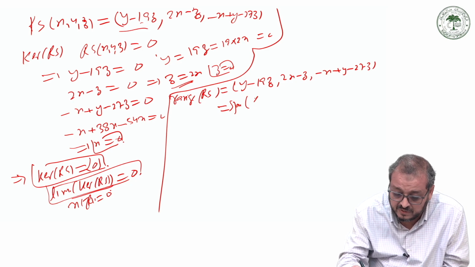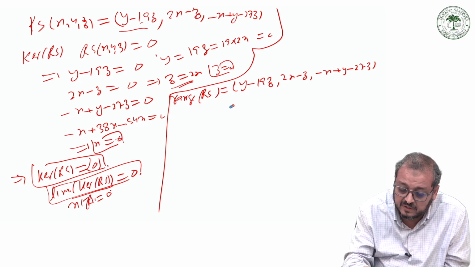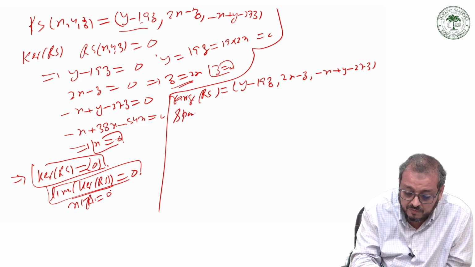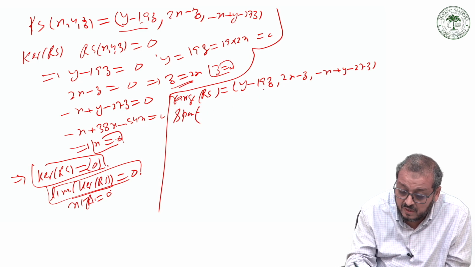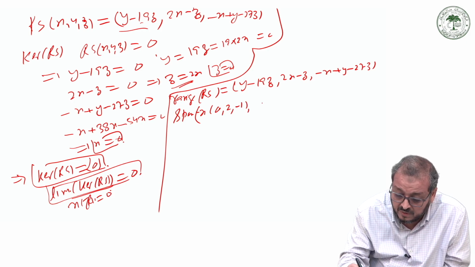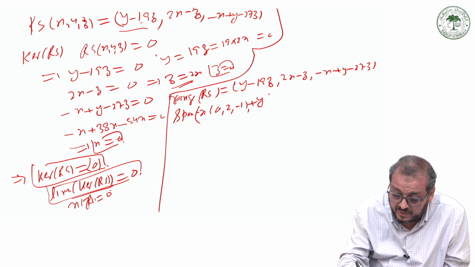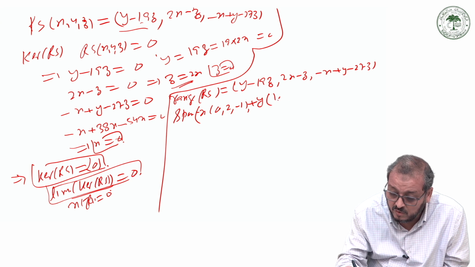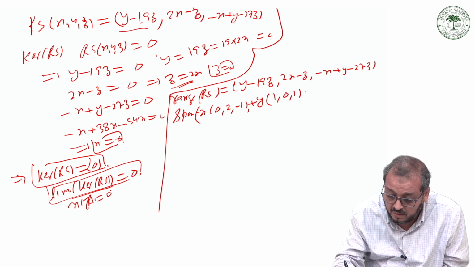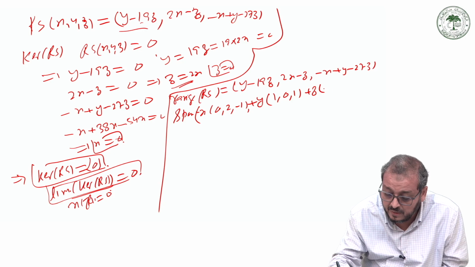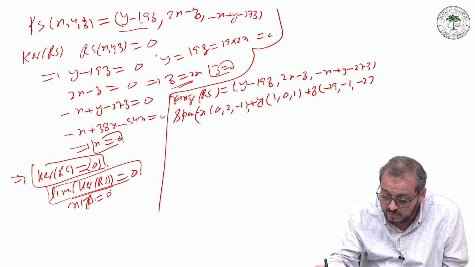If we take x, we can write this as the span of x times (0, 2, minus 1), plus y times (1, 0, 1), plus z times (minus 19, minus 1, minus 27).